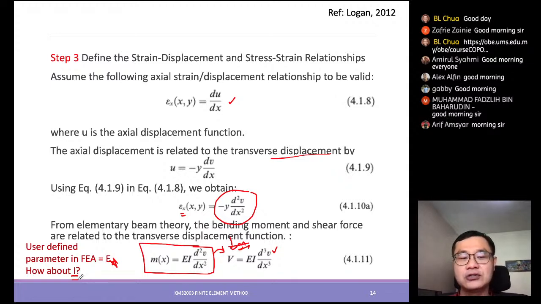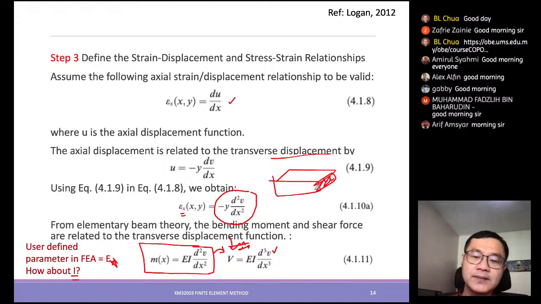Basically, when we draw it in the computer, you have the shape itself. Therefore from this shape, they can roughly estimate the moment of inertia of the cross-sectional area for the purpose of computing the stress and strain in the software.